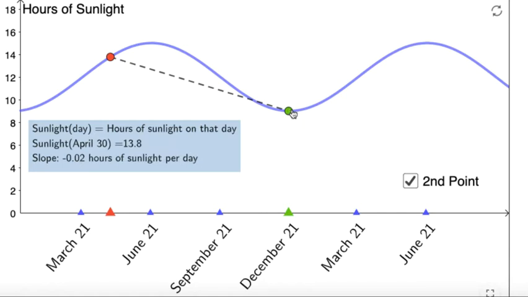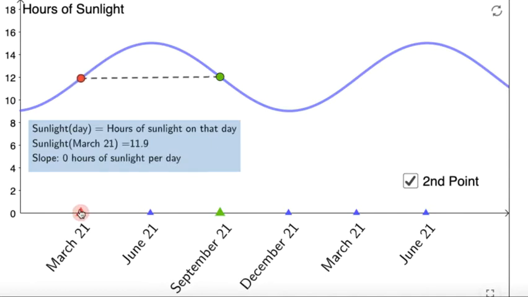Now, let's say we put in a second point here, and you'll notice that we have a line segment. And notice, for example, that when we put this at September 21st and this one at March 21st, we basically have a flat line here. The reason is that on both March 21st and September 21st, there are 11.9 hours of sunlight.